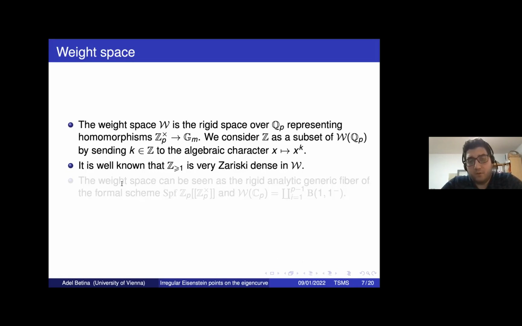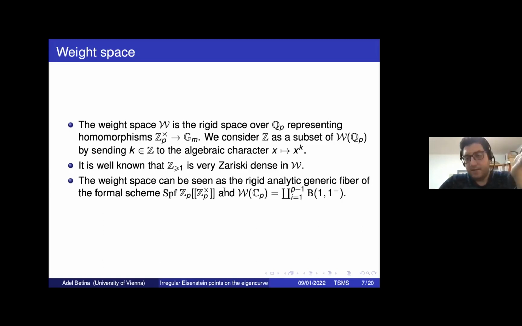And which is quite important, you need to know that the classical weights are dense, and they are dense here. They are even very Zariski dense. In rigid geometry, we have the notion of Zariski dense, which is similar to the one in algebraic geometry, and very Zariski dense is a little bit more. And the weight space can be seen as the rigid analytic generic fiber of the Iwasawa algebra.